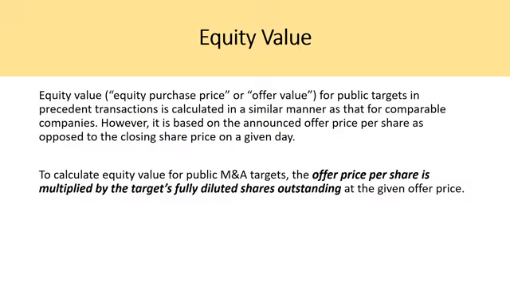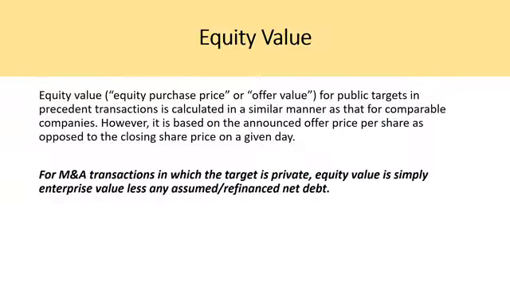To calculate equity value for public M&A targets, the offer price per share is multiplied by the target's fully diluted shares outstanding at the given offer price. And so we'll go through that and learn about fully diluted shares outstanding. So for M&A transactions in which the target is private, equity value is simply enterprise value less any assumed or refinanced net debt. So there's a difference with M&A transactions in the private sector.